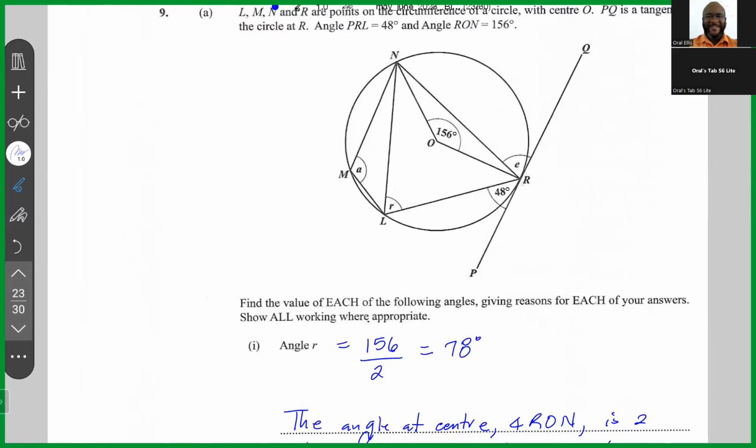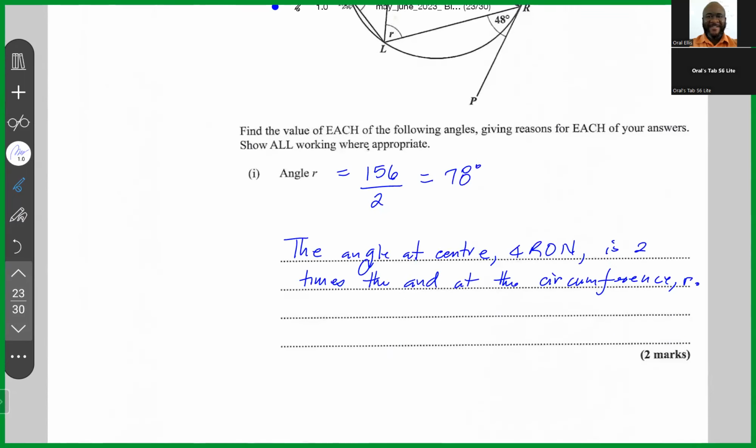They both start at R and they both end at N. But one goes to the center of the circle, RON, and one goes to the circumference, RLN. One goes to the center, one goes to the circumference. The angle at the center is 2 times the angle at the circumference.